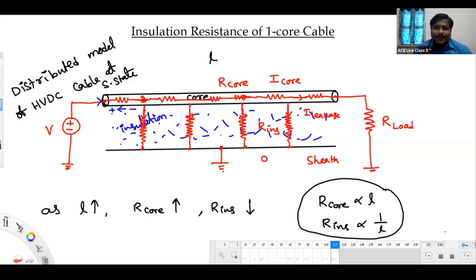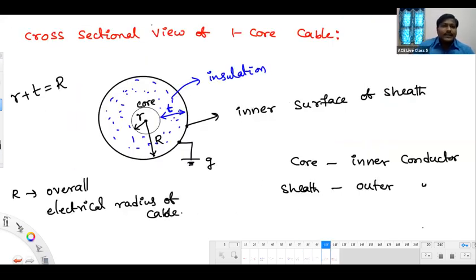Now let's take up the cross-sectional view of cable what we have discussed. And I will show what is the core resistance formula for that, and what is the insulation resistance for that. So this is the cross-sectional view of the single core cable we have taken.